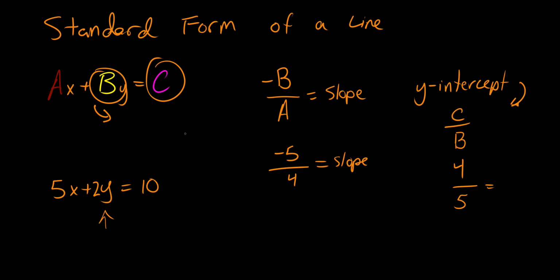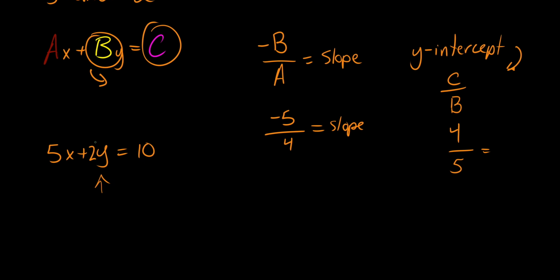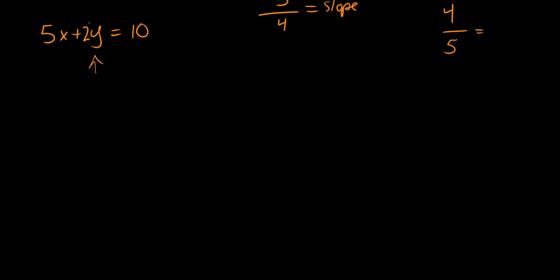I want you guys to pause the video and find out the slope of this line in its standard form and also the y-intercept. Okay, so again, we just do the same thing, plugging values into the slope and y-intercept formulas I've given you. So this would be your B value, this would be your A value, and we have a positive 2y, so it would be minus 2 over, if it was a negative 2y, then it would actually be a negative times a negative, which would be positive.